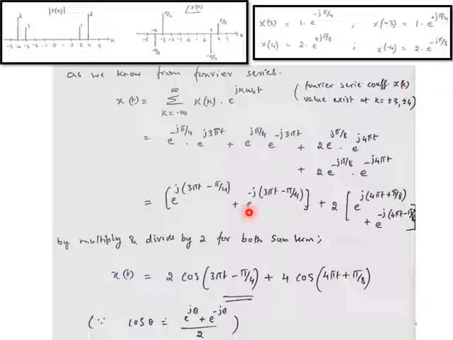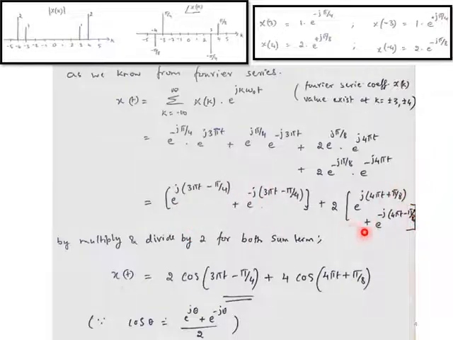So what I'll get is e to the power j (3 pi t minus pi by 4) plus e to the power minus j (3 pi t minus pi by 4). Inside, I have 3 pi t minus pi by 4 for both terms. So it is e to the power j theta plus e to the power minus j theta divided by 2. If I do that, it will be a cos theta term.